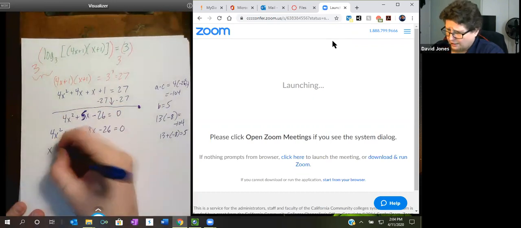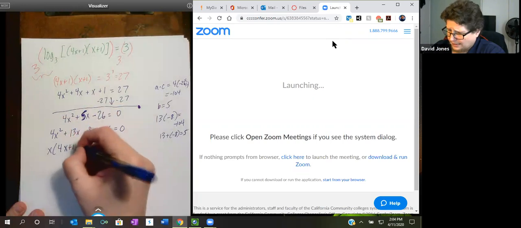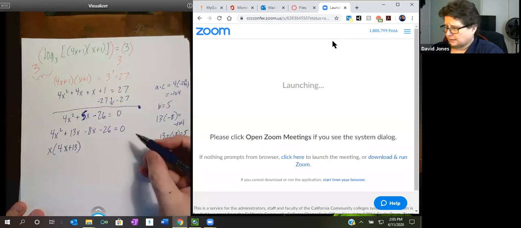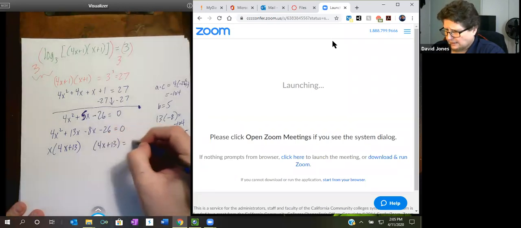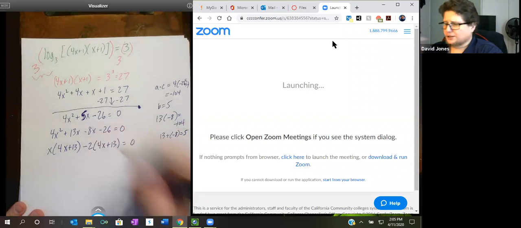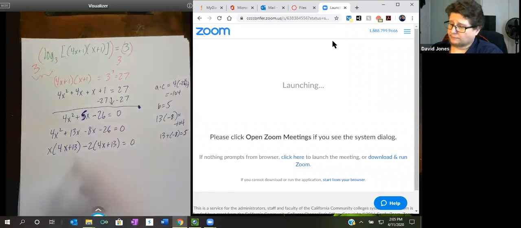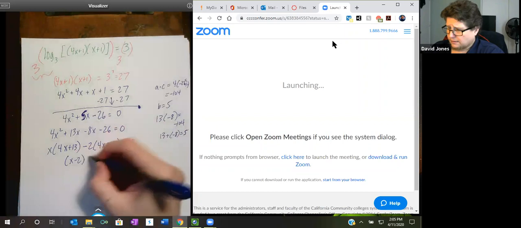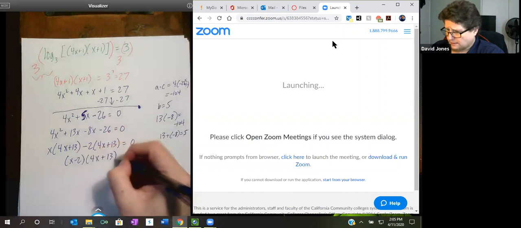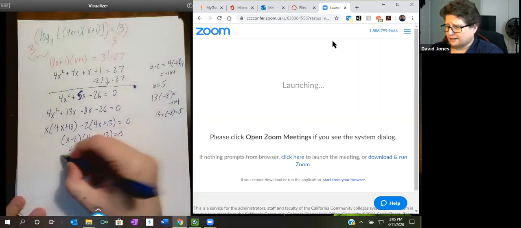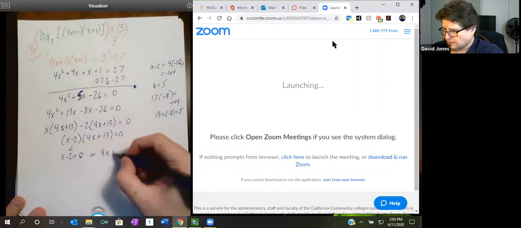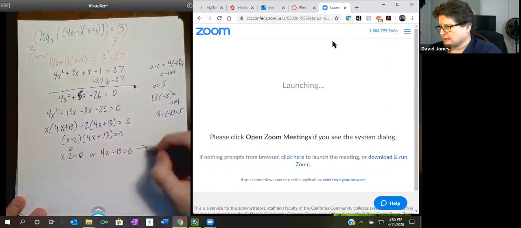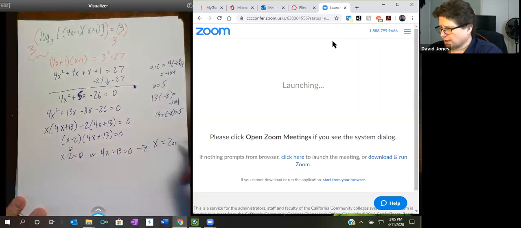Pull out an x here, and I get 4x plus 13. I should end up with 4x plus 13 again, which means I have to pull out a negative 2. We set each of these to 0. x equals 2 or negative 13 over 4.